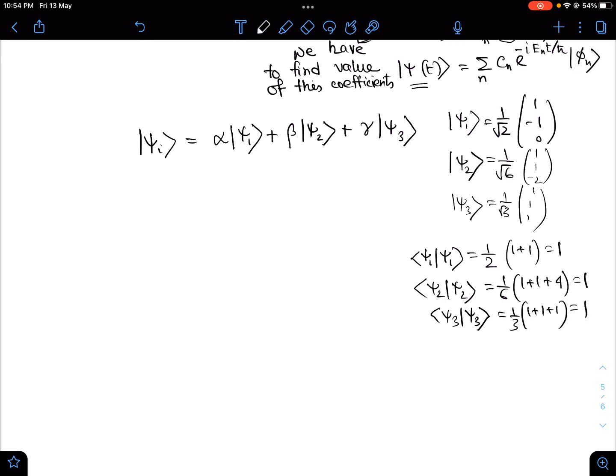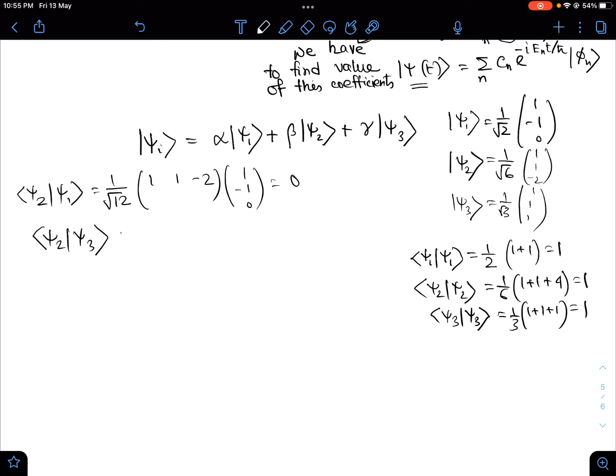And we can check psi 2 psi 1 to be 1 by root 12 (1, 1, minus 2) with (1, minus 1, 0). So this will be 0. And psi 2 psi 3 gives us 1 over root 18 (1, 1, minus 2) with (1, 1, 1). So we get 1 plus 1 minus 2, which is also 0.